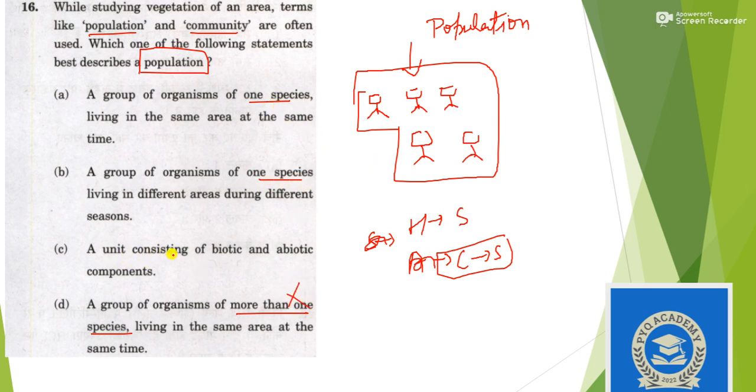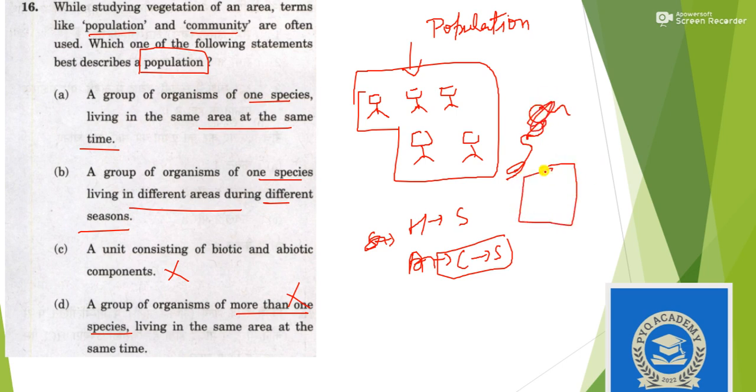A unit consisting of biotic and abiotic components, this is not the right option. A group of organisms of one species living in the same area at the same time and living in a different area during a different period. Let's take the example of India, a particular area.